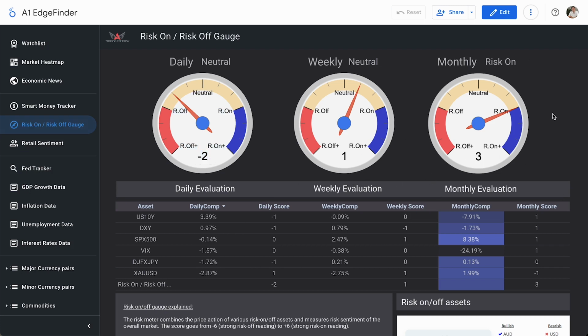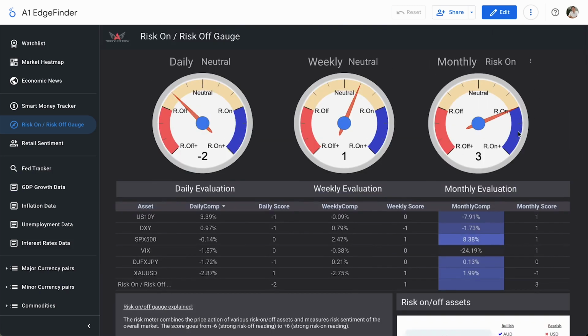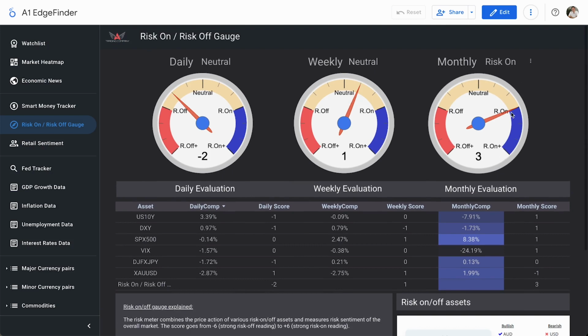For example, monthly we are actually in a +3, which gives us a risk on and just a slight risk on bias, meaning that if you had taken trades with the Australian dollar, New Zealand dollar, or Canadian dollar, or the pound, there may have been some potential trade opportunities that would be profitable for those currencies so far this month.